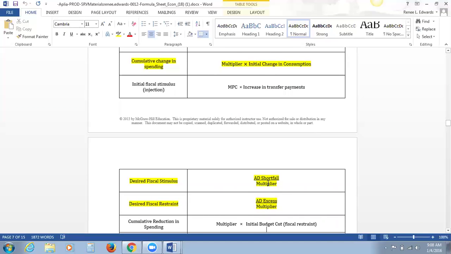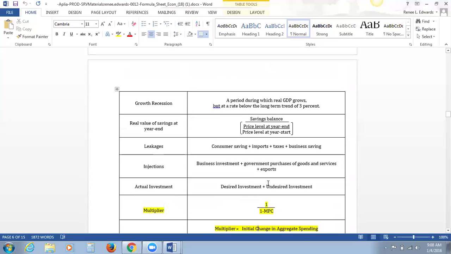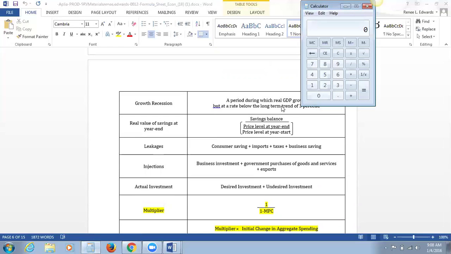Well, the formula for my multiplier was given up here, 1 over 1 minus MPC. So let's calculate my multiplier first. I have 1 divided by 1 minus 0.6. Let's see if this works correctly. It may not.